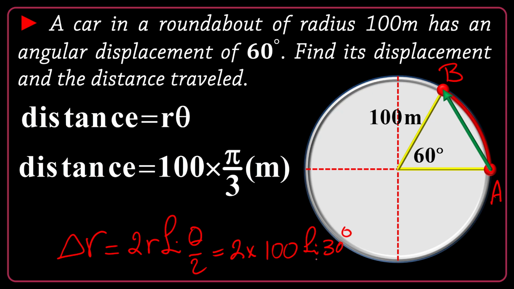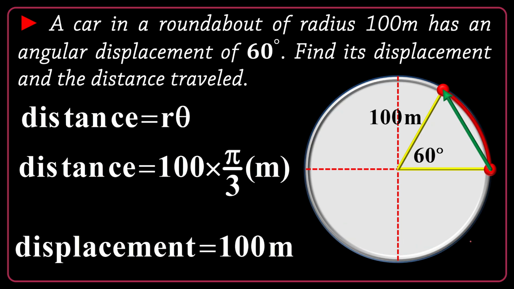That's all. In the sine function, you can use radians or degrees. It's okay. So the answer is going to be 2 times 100 times 1 over 2, because sine of 30 degrees is a half, so it's 100 meters. That's all. This is the displacement of this motion.